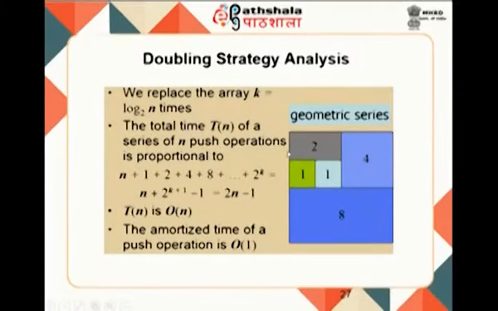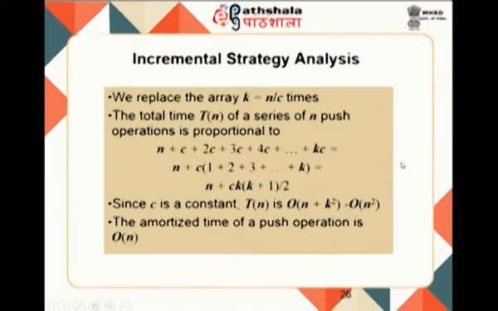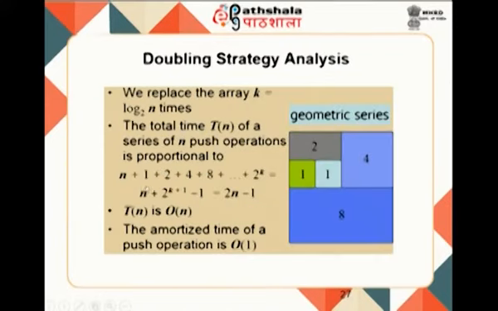So, doubling strategy replaces the array k by log 2 n times. So, here instead of having n by c times, you will have log 2 n times. The total time T(n) of a series of n operations will now be proportional to, remember here it was c plus 2c plus so on, here it will be n: 1 plus 2 plus 4 plus 8 up to 2 to the power k. So, that will be of n plus 2 power k plus 1 minus 1, that is 2n minus 1.